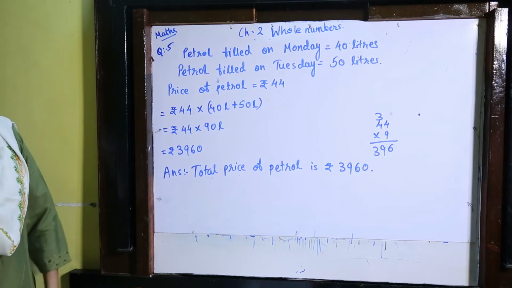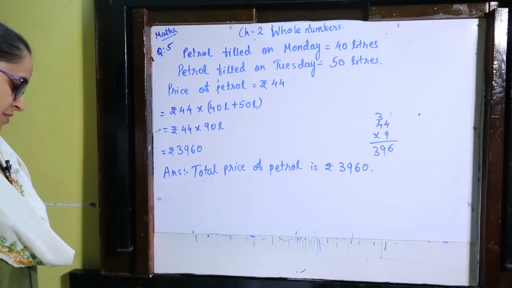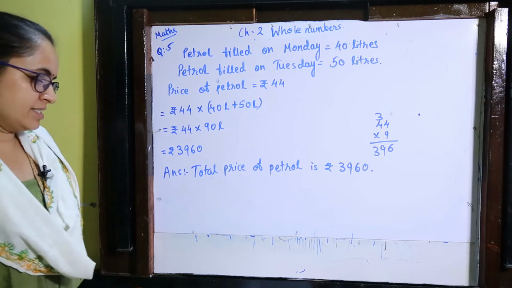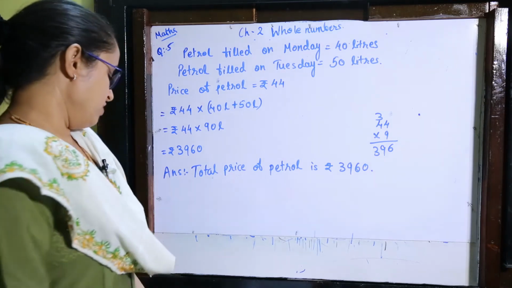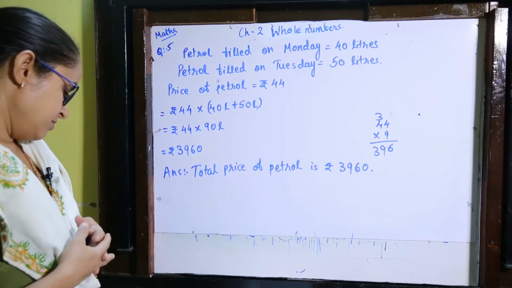This is your answer. Please copy down in your notebook for question number 5. Then we will move on to question number 6. Question number 7 is in your homework, children. Okay. Question number 6 we will move on to that.